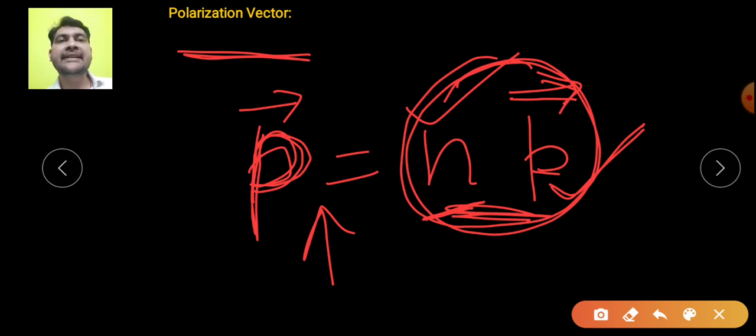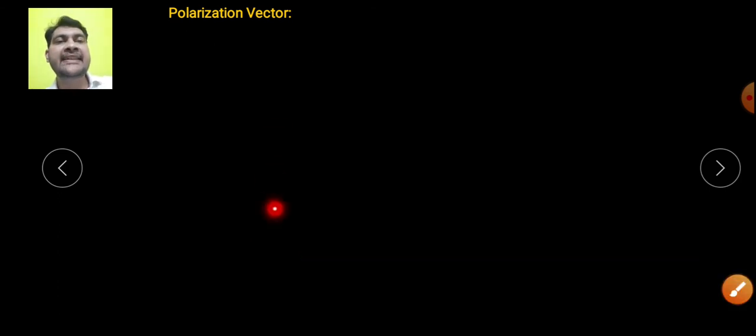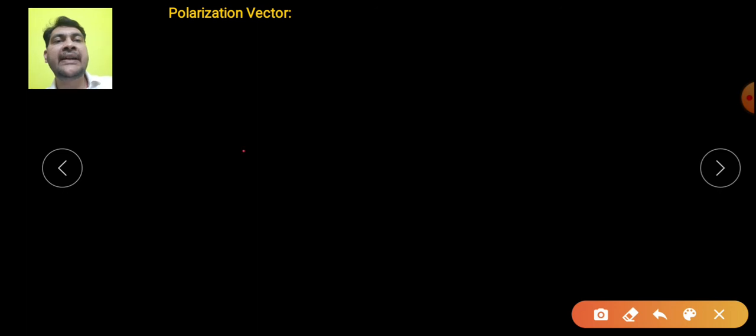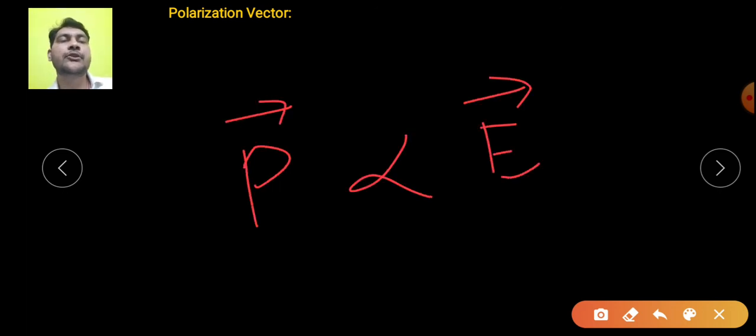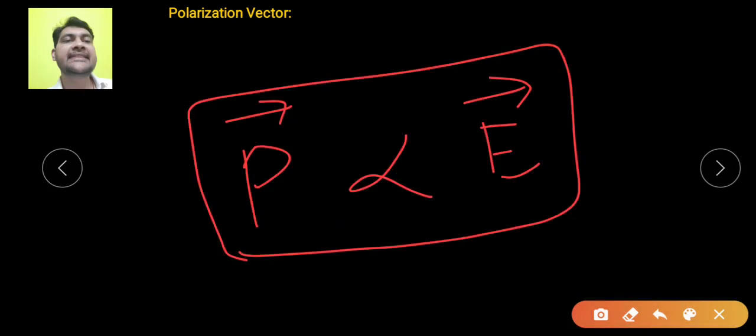So electric dipole moment of the substance is because of external electric field only. Therefore, we can say that the net dipole moment per unit volume is directly proportional to electric field. So this always happens. So those substances which obey this equation.